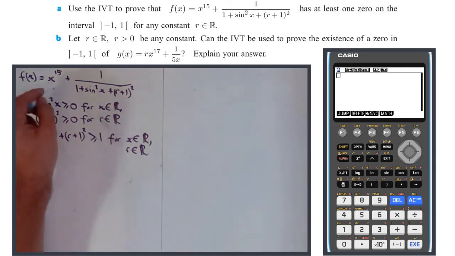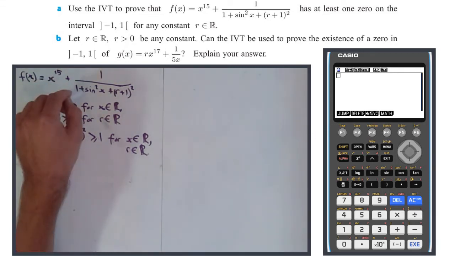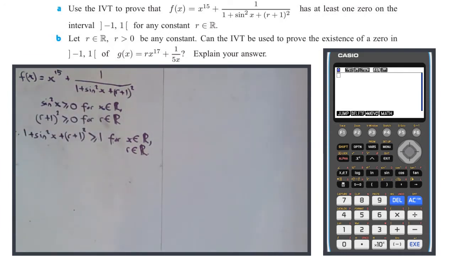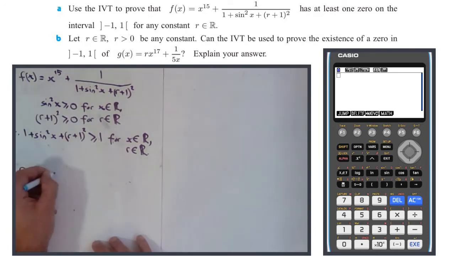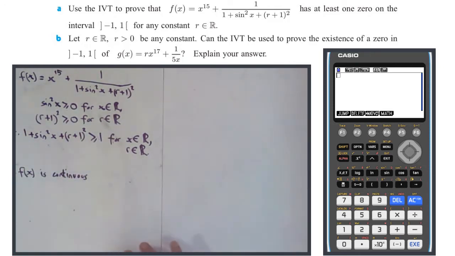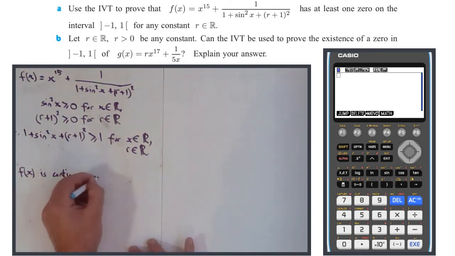There's no issue with the x to the power 15, and the fact that this denominator can never be 0 means that when we divide 1 by it, we will always get a number. So f of x is continuous. It's continuous everywhere, but we're going to say it's definitely continuous on this interval.